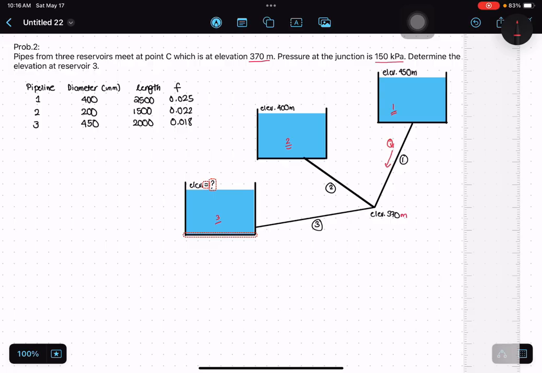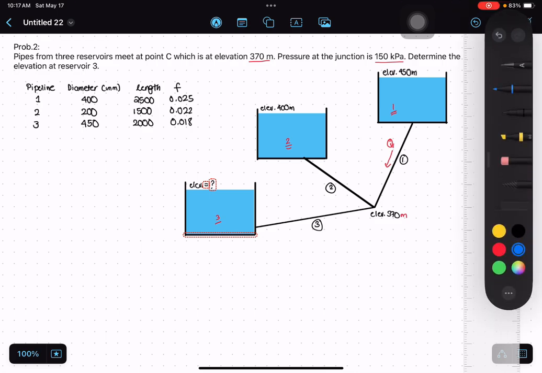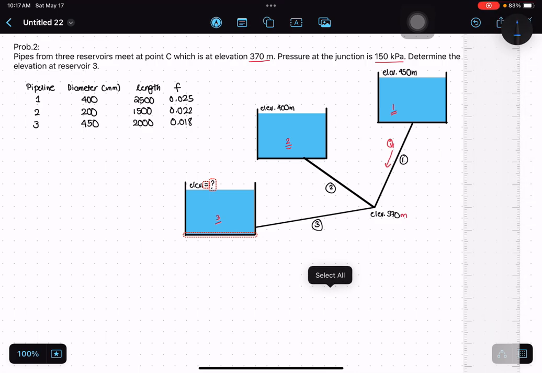Now, it depends kung saan yung mas malaki yung total energy, yung sa junction or yung sa water surface ng ating reservoir 2.